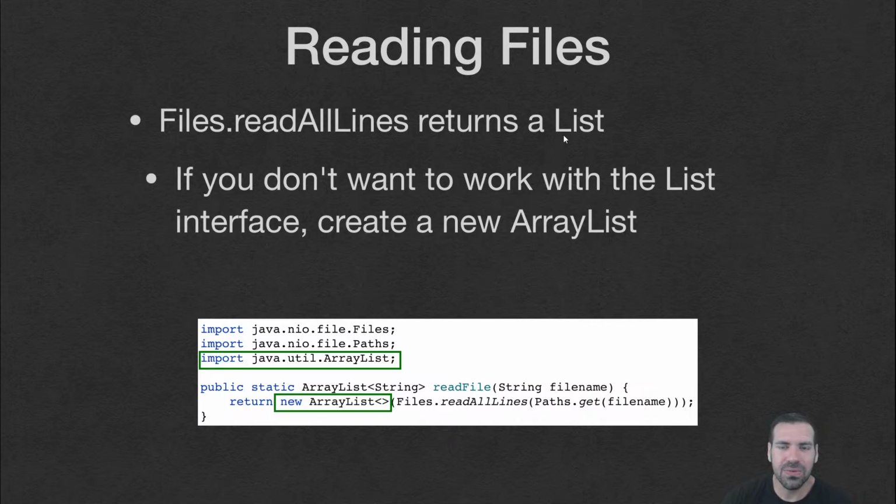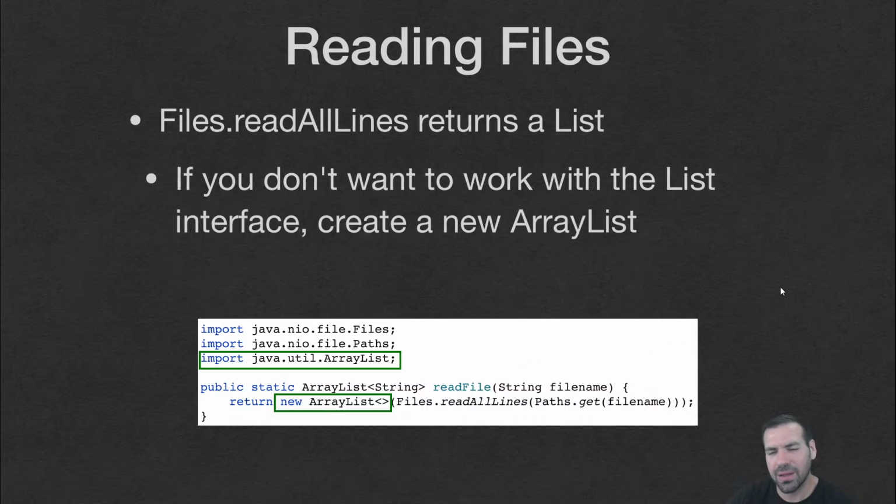Read all lines returns a list, which is an object that implements the list interface, something we'll talk about in polymorphism on Thursday, what an interface is. But if you don't want to worry about what a list is and interfaces and all that stuff, you can just feed that list into an array list constructor and now work with an array list directly.